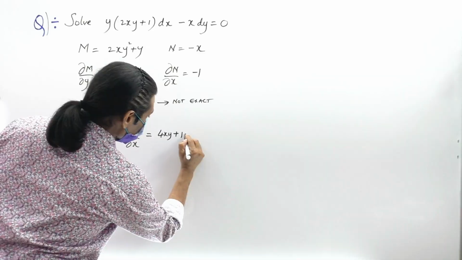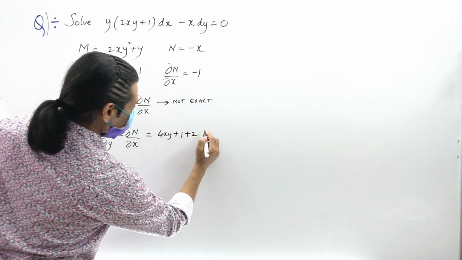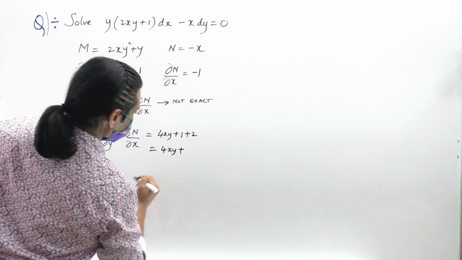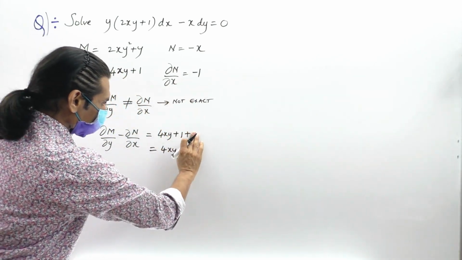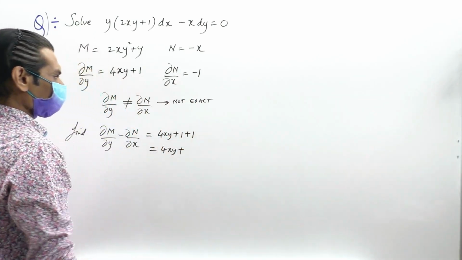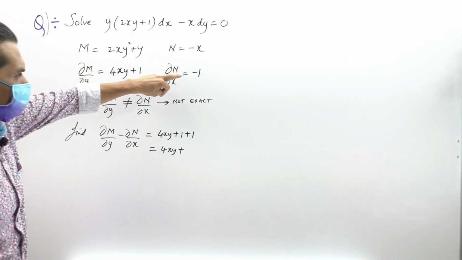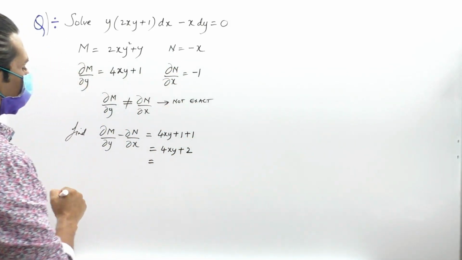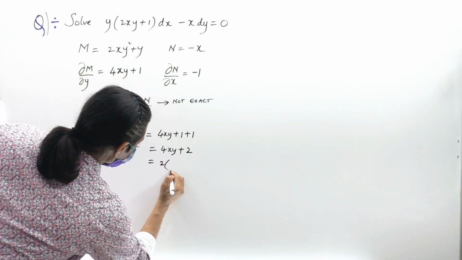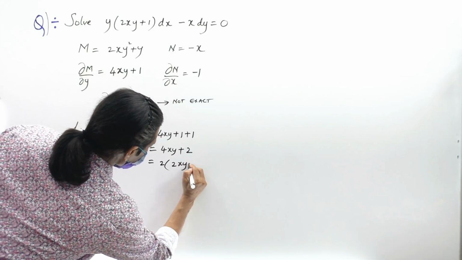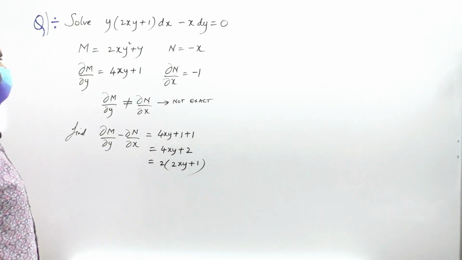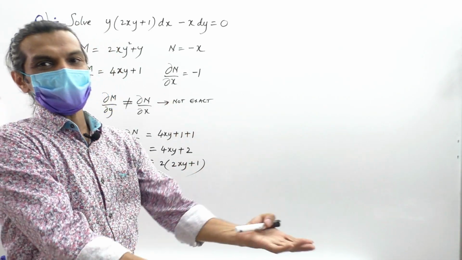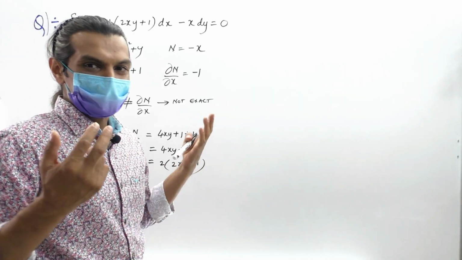Minus of minus becomes plus, so this will be 4xy plus 1 plus 1, that is 4xy plus 2. I can take 2 common, so this will be 2 into 2xy plus 1.